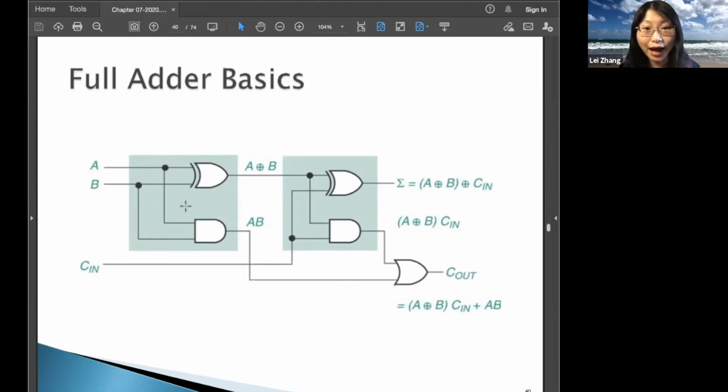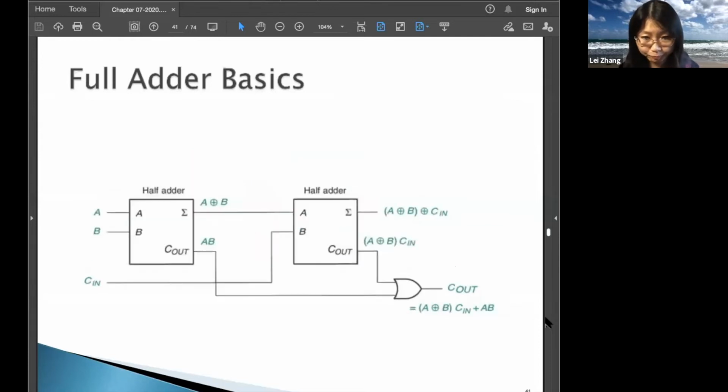So this is a half adder, and this is another half adder. Together we have a full adder. We have to add another gate to generate the carry out bit for the full adder. So this simply reduces those detailed green areas into the half adder symbol.